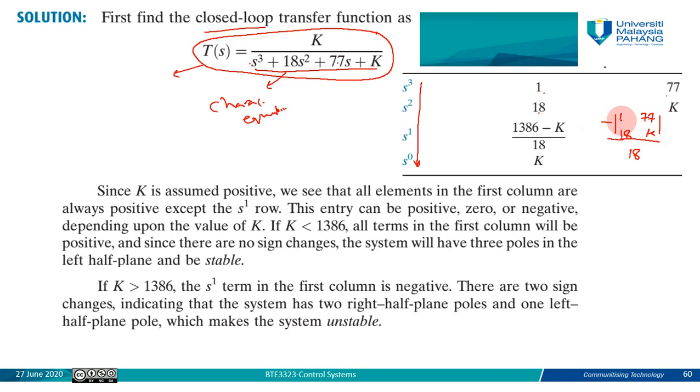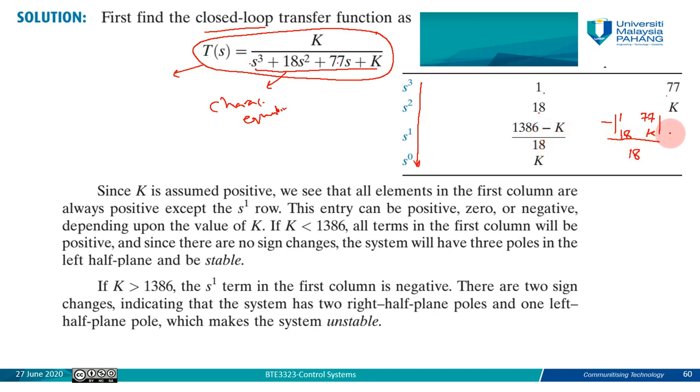Now when you open this, it becomes 1 times k minus 77 times 18, which gives you 1386 minus k, and after that we divide it by 18. So 1386 minus k divided by 18 will be the first element.